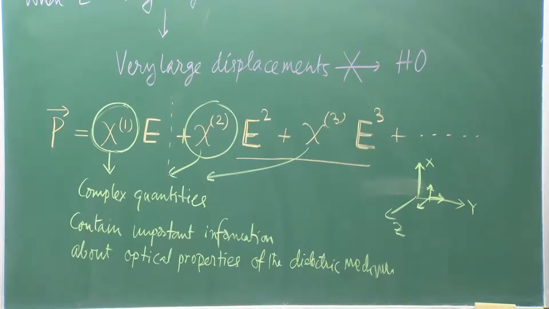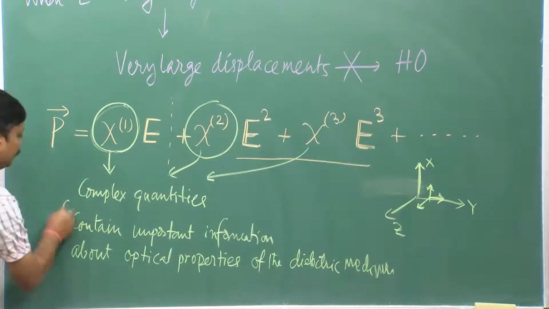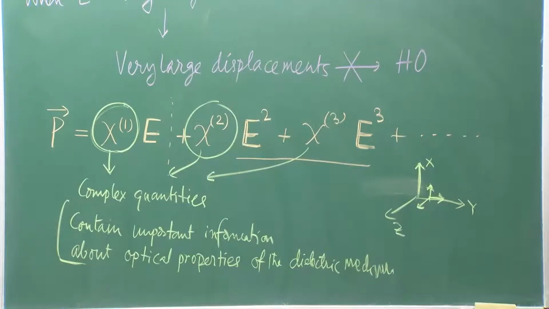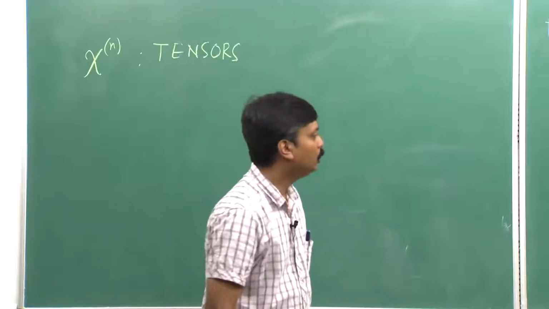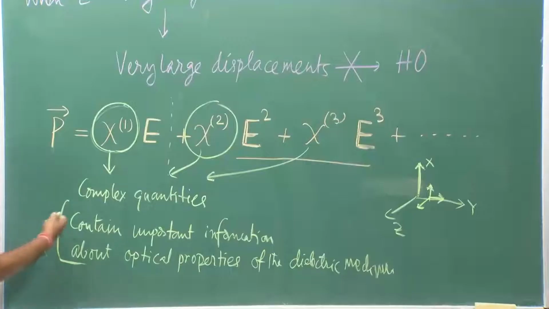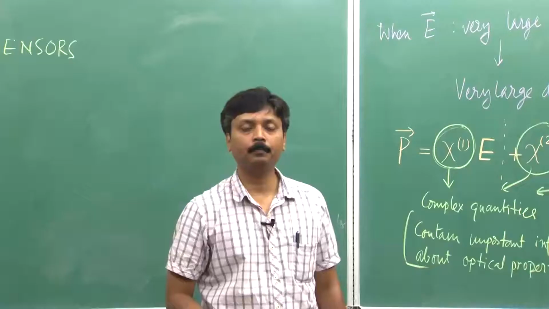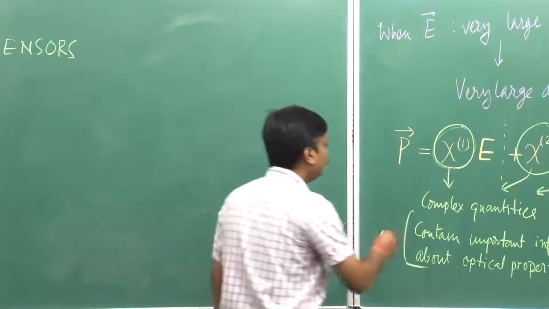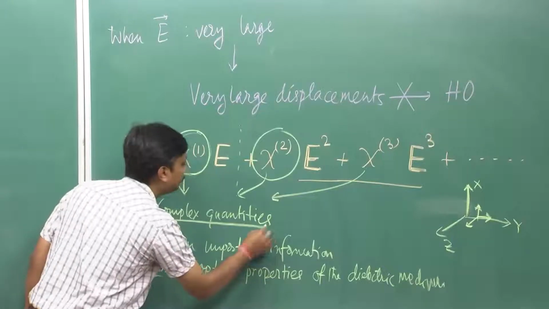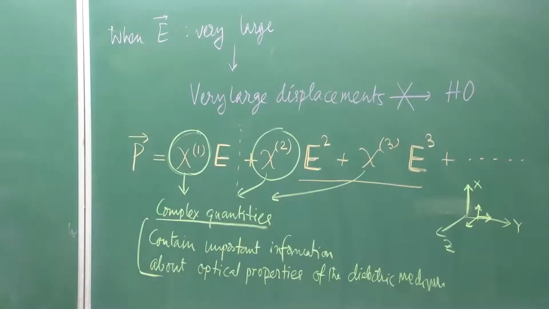Before I rewrite, one more thing I will mention: I said that they contain important information about the optical properties of material. So, what kind of information? They contain information about the refractive index of the system, and about the absorption coefficient of the medium. As I said, this is a complex quantity, chi of any order.